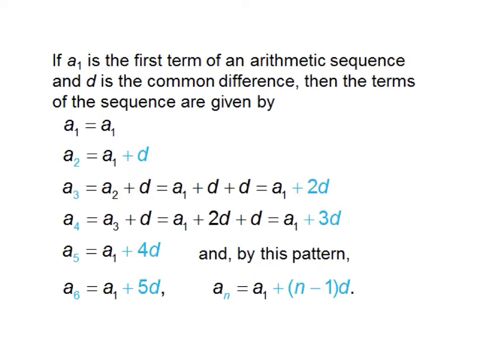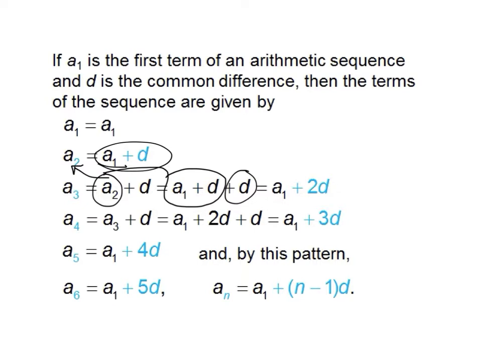That should be easy enough to follow. However, the second term is really a sub 1 plus d, so that's this, plus another d. So when we combine those, we have a sub 1 and 2 d's.